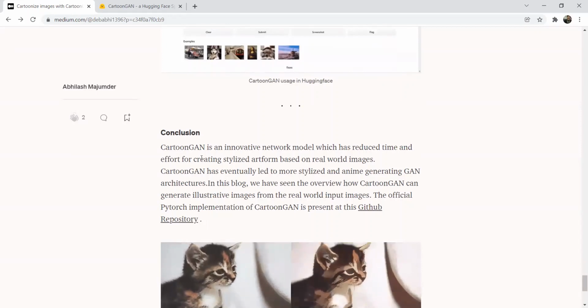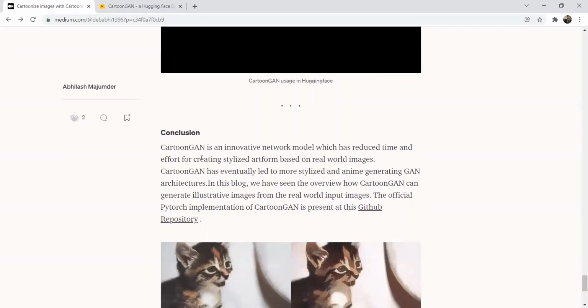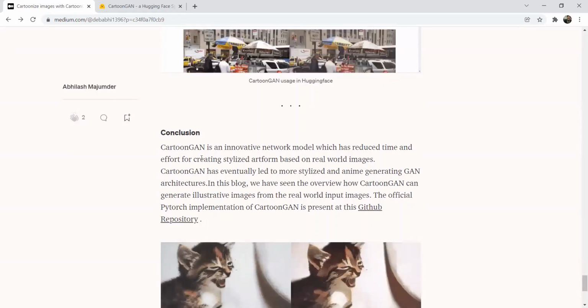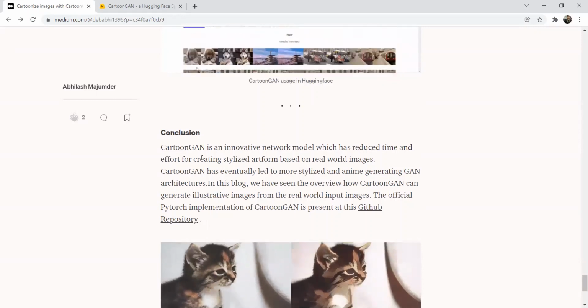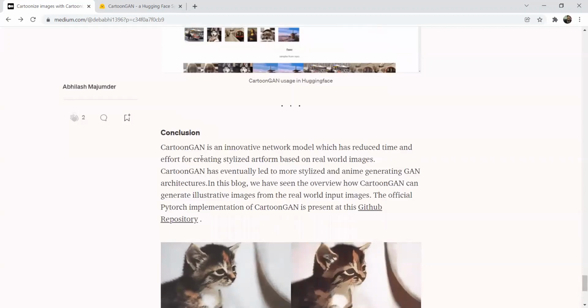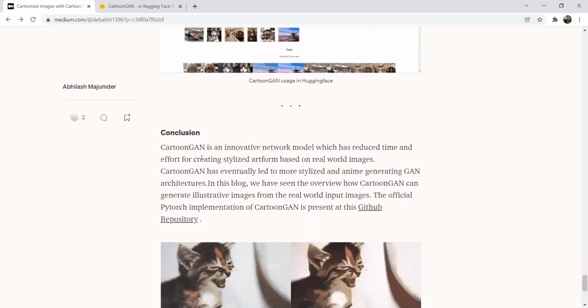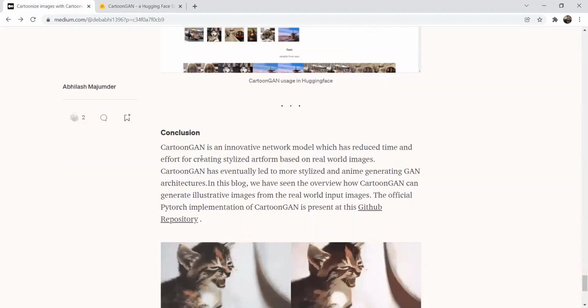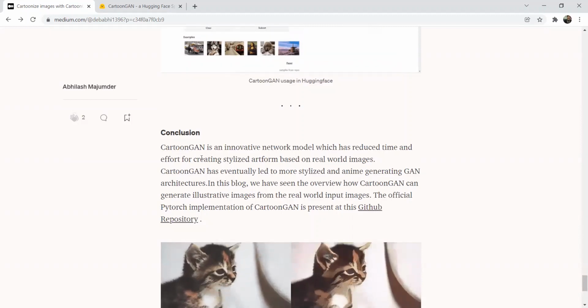There have been so many advancements post CartoonGAN, such as AnimeGAN, and also few-shot learning. Any kind of stylized art form generated by a GAN relies on the idea that there should be an adversarial loss, and there should be a model or a loss which tries to preserve the semantic content while we are translating or transforming using the GAN.